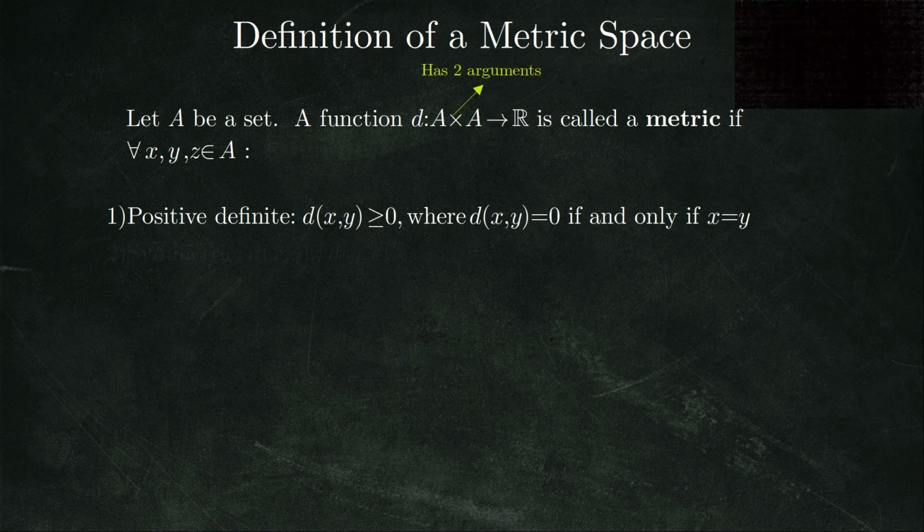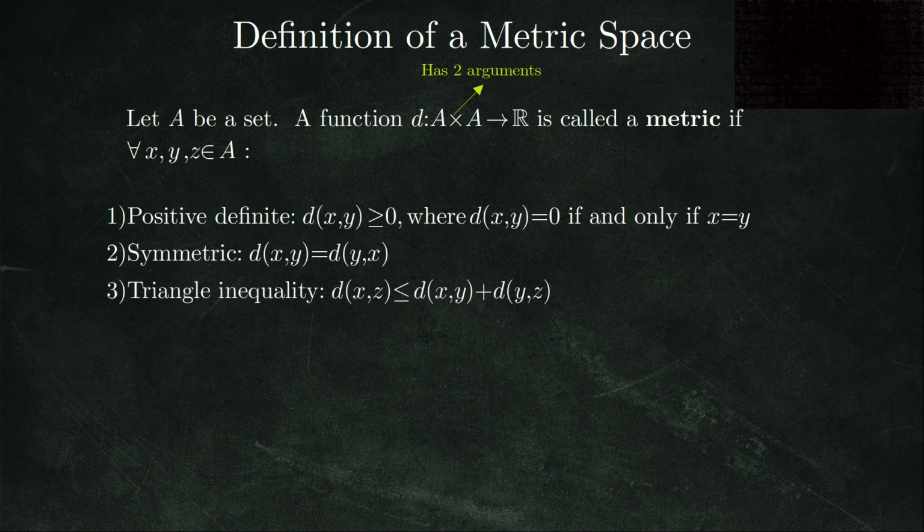Then the second axiom is the symmetry axiom, and this is just saying that d of x y equals d of y x. So it doesn't matter whether we measure the distance from x to y or from y to x. And then finally, we have the triangle inequality, which says that the distance from x to z must be less than or equal to d of x y plus d of y z.